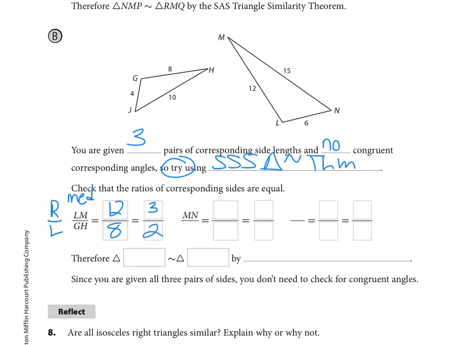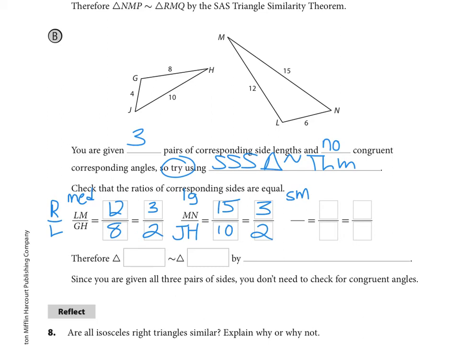MN is our large side, and MN is going to correspond to the large side of the left triangle, which is JH. So MN is 15, and JH is 10, and that also simplifies to 3/2. The only final ratio we need to check is of the smallest sides of each triangle. Again, we're starting with the right-hand side.